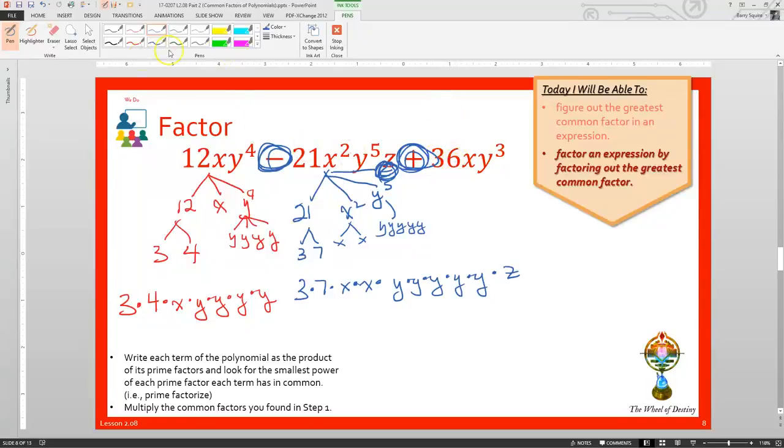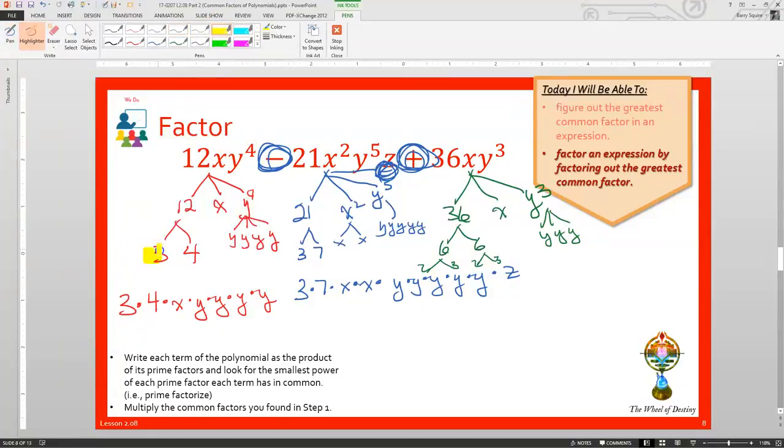Okay. Last one. These are big numbers too. This can be 36 times x times y cubed. Well, 36, how do we want to factor that down? Let's factor it down as 6 times 6. Because then we can do this is 2 times 3 and this is 2 times 3. Our x is still an x, and that y is still y times y times y.